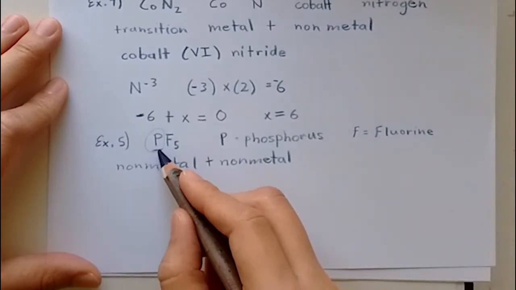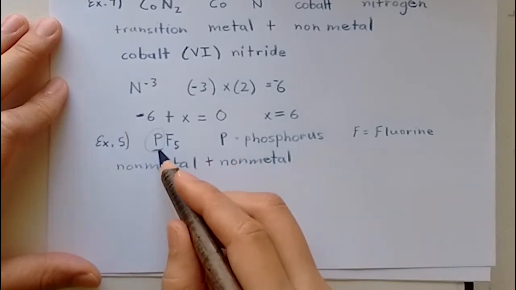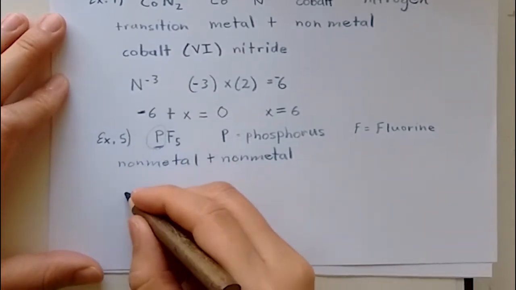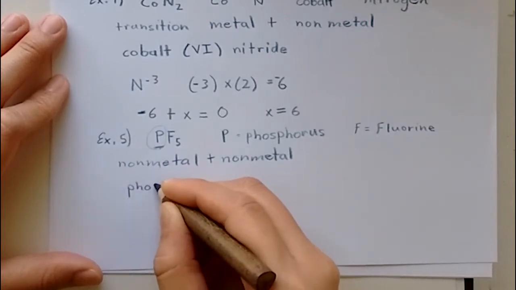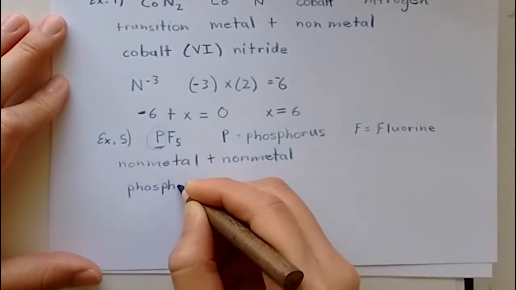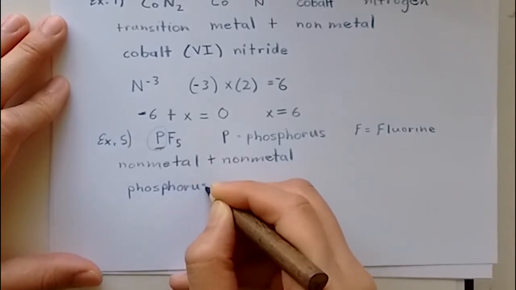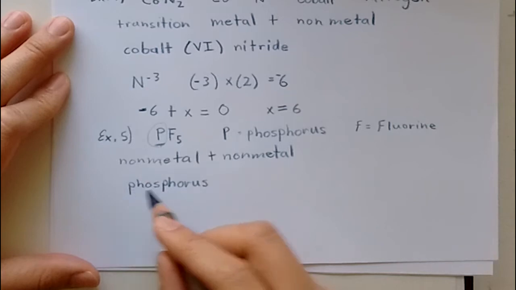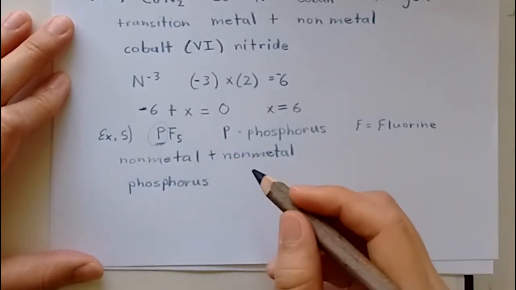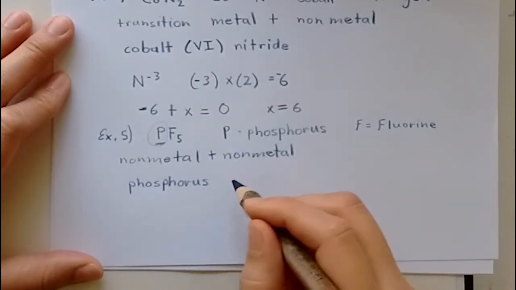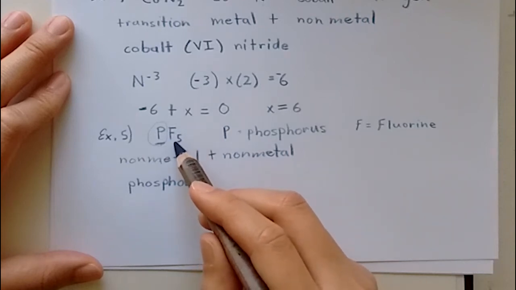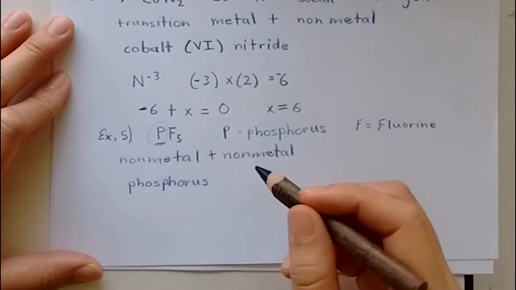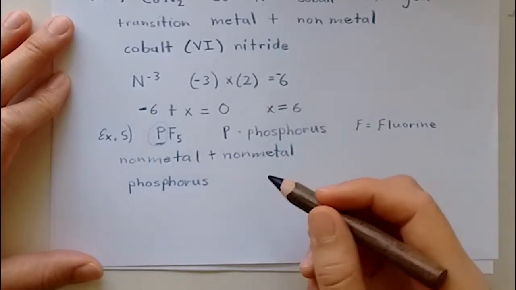If it had 2, 3, or more, you would have to put its prefix plus phosphorus. But in this case, it's just phosphorus. We do not put the prefix for it because it is 1, and it is the first element. When the second element has one atom, you do put mono, just not for the first one.